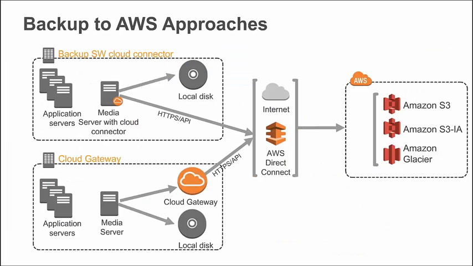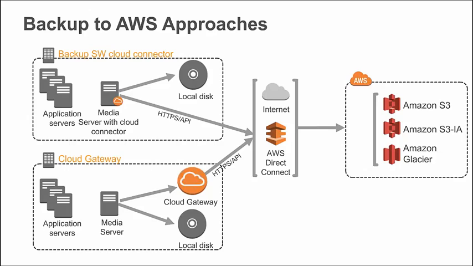So I want to spend a minute walking you through 2 cloud backup architecture alternatives and then talk about the partners that enable them. So at the top part of the slide, we have an architecture for backup software cloud connectors. Here, I have my application servers that have the backup software agents installed in them.